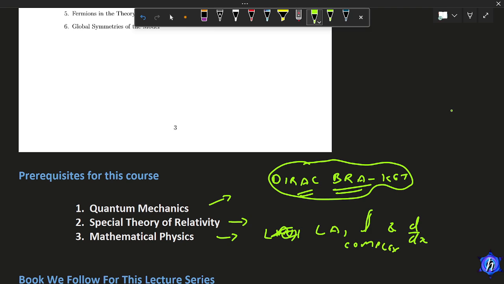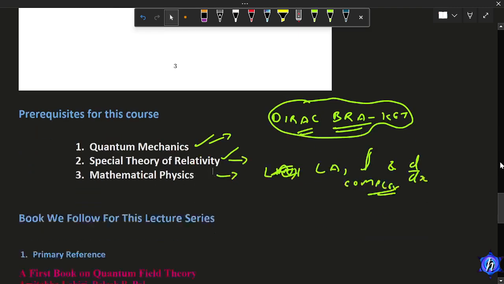We will be using parts of complex analysis rather than proving it. We are going to use it, of course, because the i comes into the factors, as we know from quantum mechanics. So we need complex analysis, and quantum mechanics is very much needed, along with special theory of relativity. Why we need special relativity, you'll understand in the next video. So that's the prerequisites for this course.